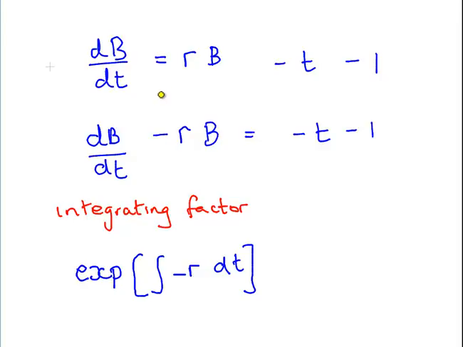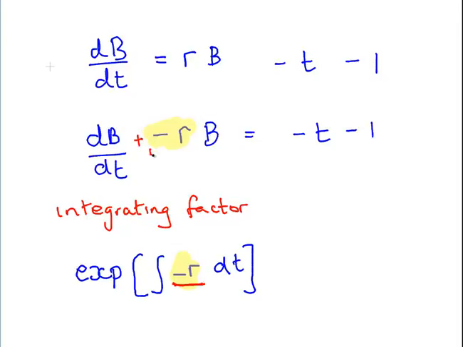But essentially what we have to do is construct an integrating factor here. So the component I'm going to pick out here is this minus r. Don't forget the minus sign. So it's whatever constant or function is there before the B. What we're going to do is put it into this formula for constructing the integrating factor.